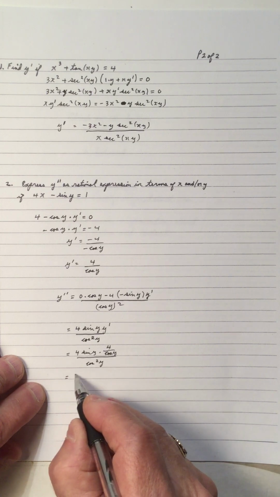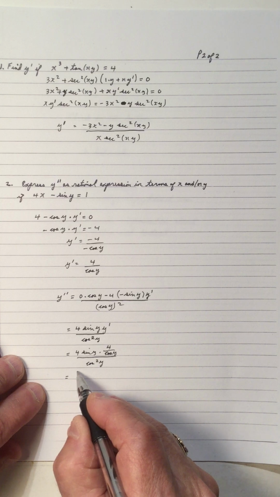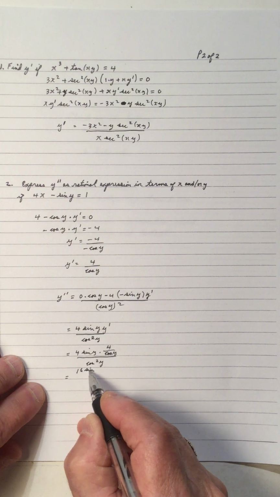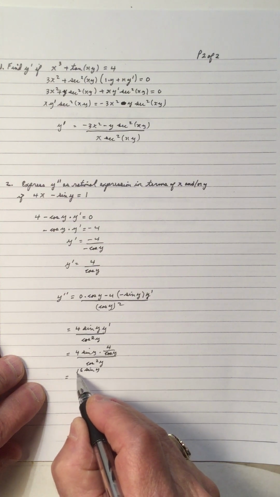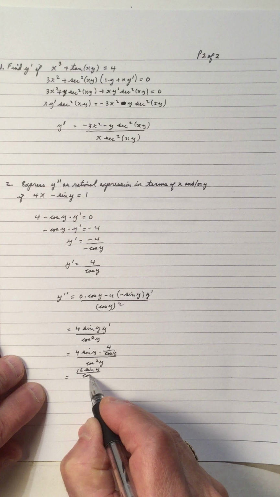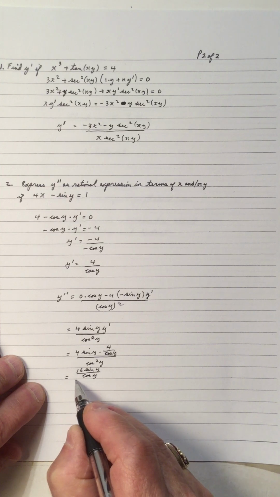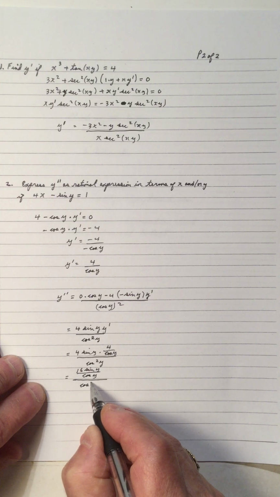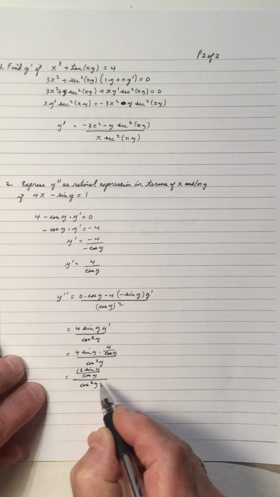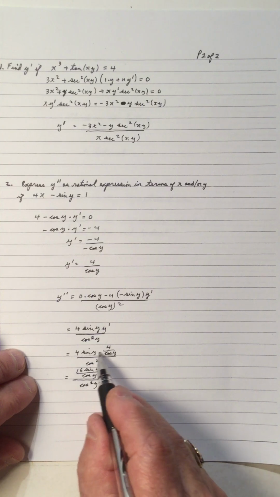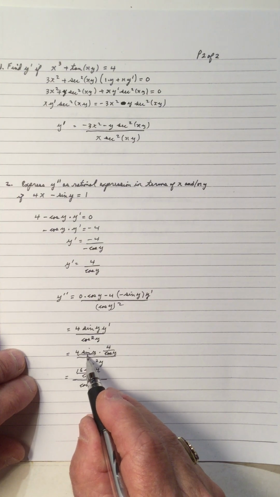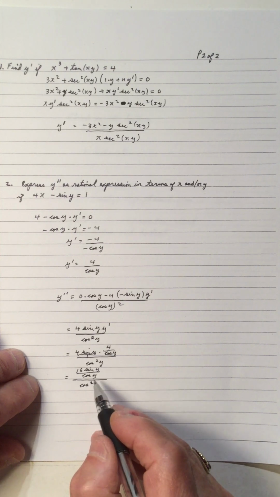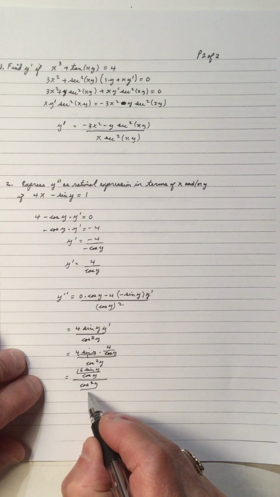and we got a fraction, so we could make it 16 sine y over cos y, divided by cos squared y. So I multiply these two together. This is understood to be over 1. So 4 times 4 is 16 sine y over cos y, and that's over 1.